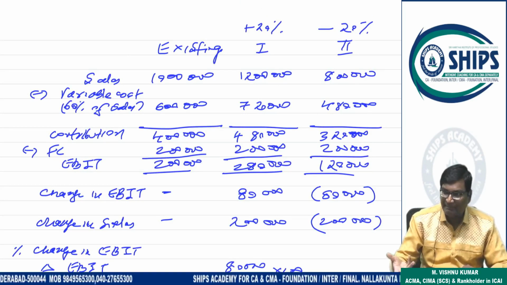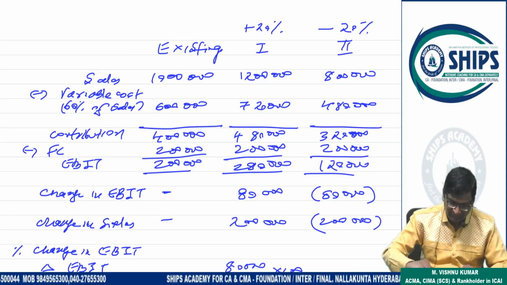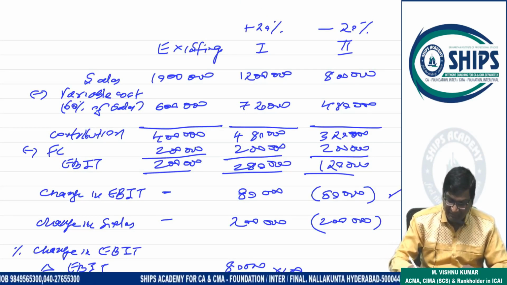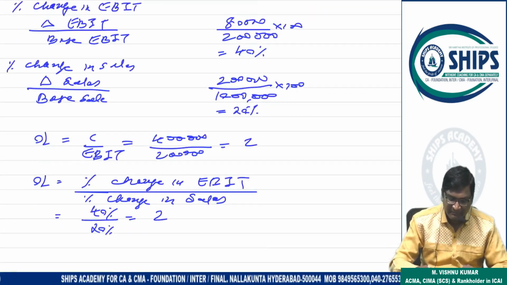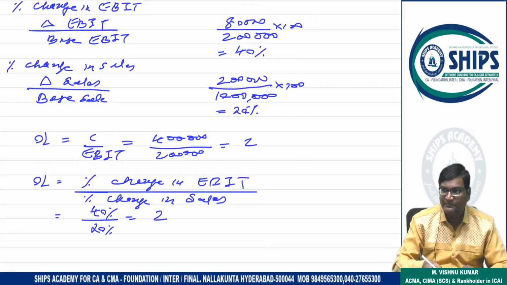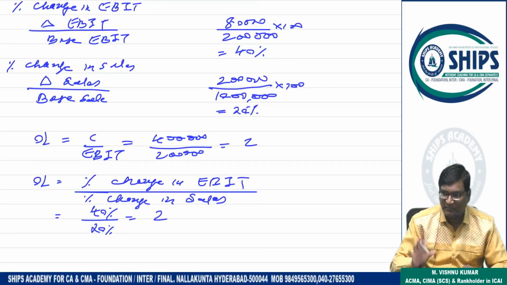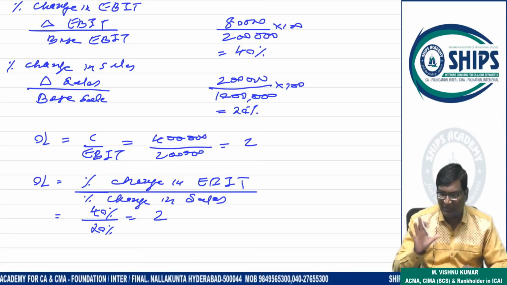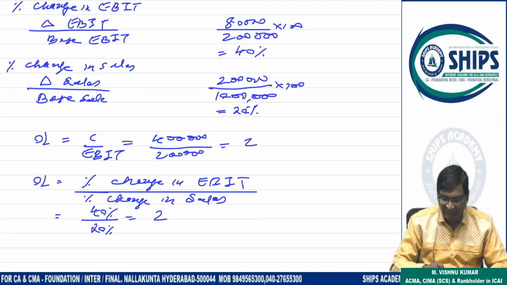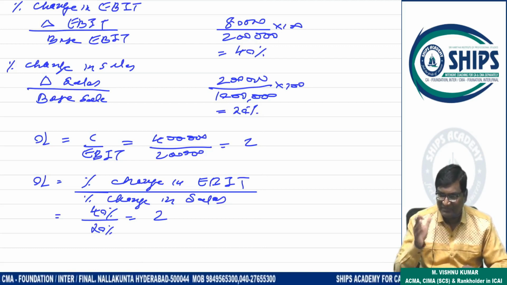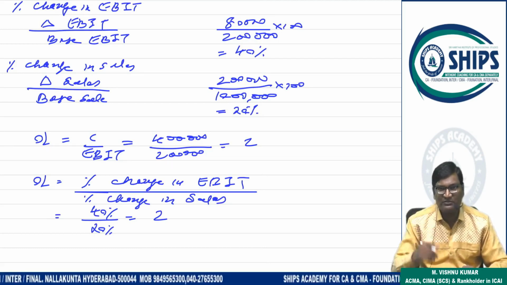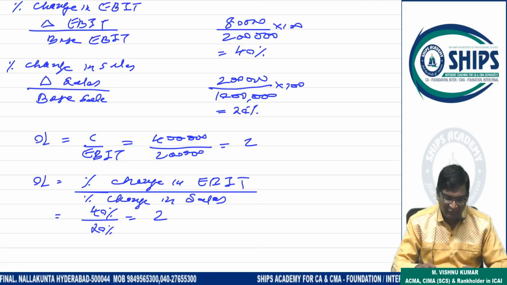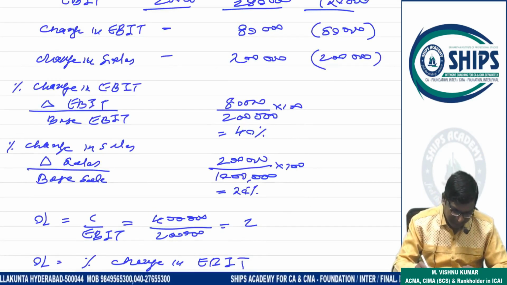The figure is the same; minus 80 over minus 2 lakhs, the minus signs cancel, so 2 only. Understand both formulas? The second formula is applicable when two situations are there, one existing, another proposed. Otherwise you should continue with the first formula only.